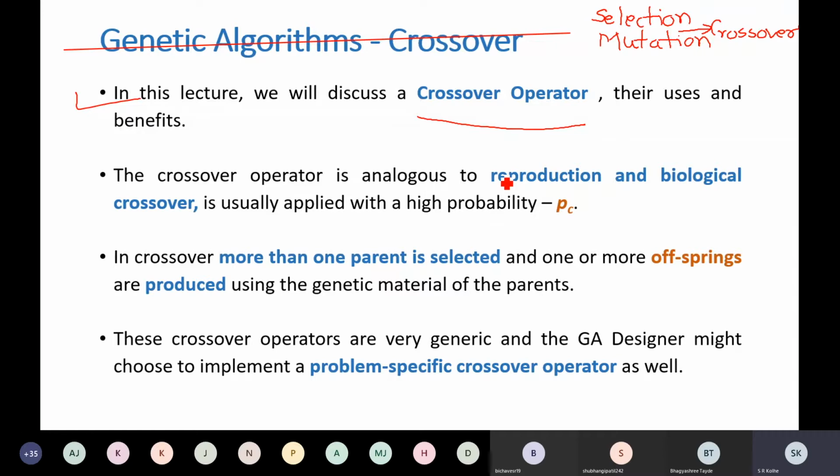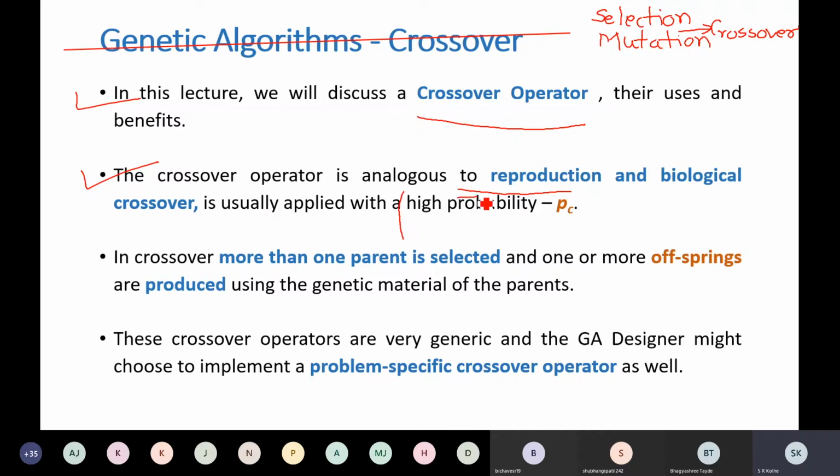Now how you are going to swap those bits or genes, that will decide the kind of crossover operator. So that's what we are going to discuss now. This crossover operator you can visualize as analogous to reproduction in a biological system, right? And that is usually applied with high probability.